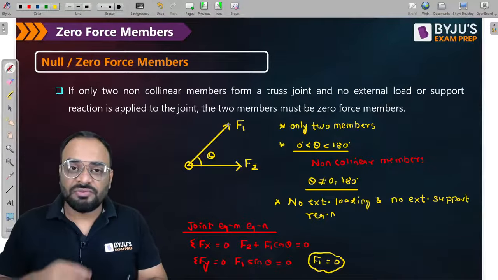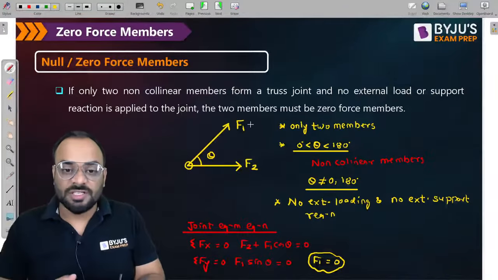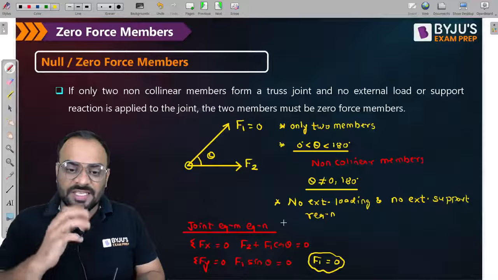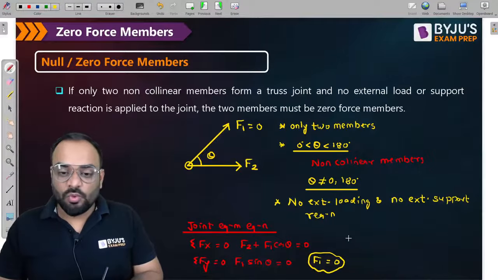That means the force in member F1, or in this particular member, is equal to how much? It is equal to 0. In the same way, we can put this value in the first equation. What will we get exactly? F2 is equal to 0 also.